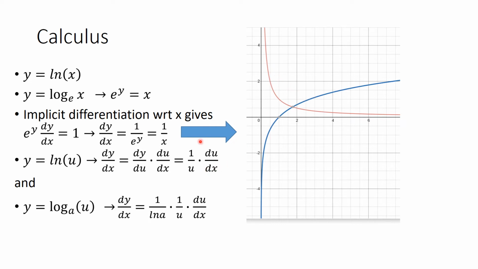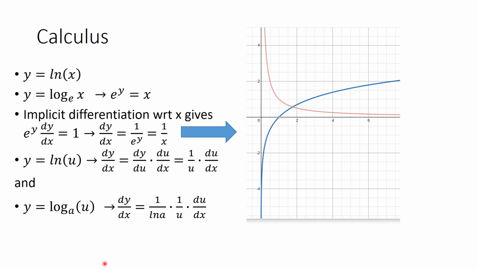We have also studied the chain rule even further, and we know that if y is equal to the natural logarithm of u, where u is a function of x, then dy dx is equal to dy du times du dx. But dy du is 1 over u. So if y is equal to the natural logarithm of u, then dy dx is 1 over u times du dx.